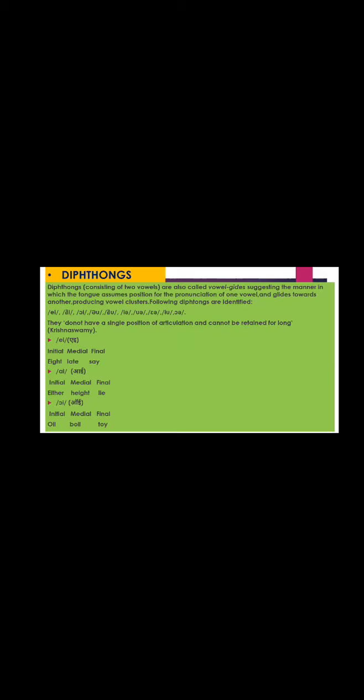Then what is diphthongs? Diphthongs consisting of two vowels are also called vowel glides, suggesting the manner in which the tongue assumes position for pronunciation of one vowel and glides towards another, producing a vowel cluster. Following diphthongs are identified. They don't have a single position of articulation and cannot be retained for long, said by Krishna Swami.